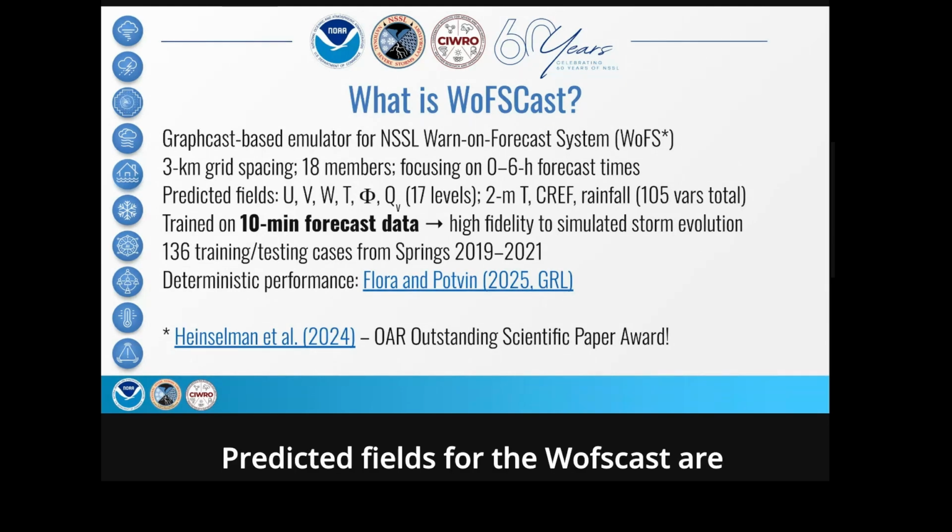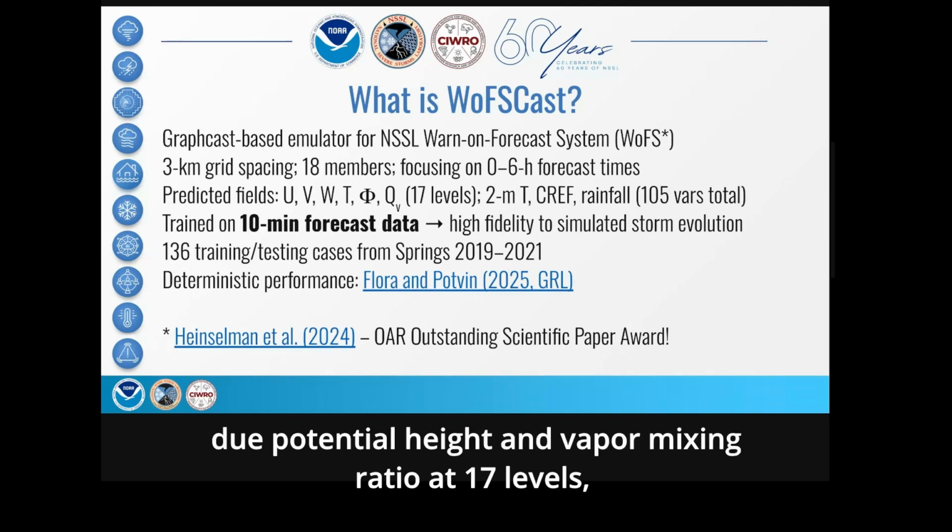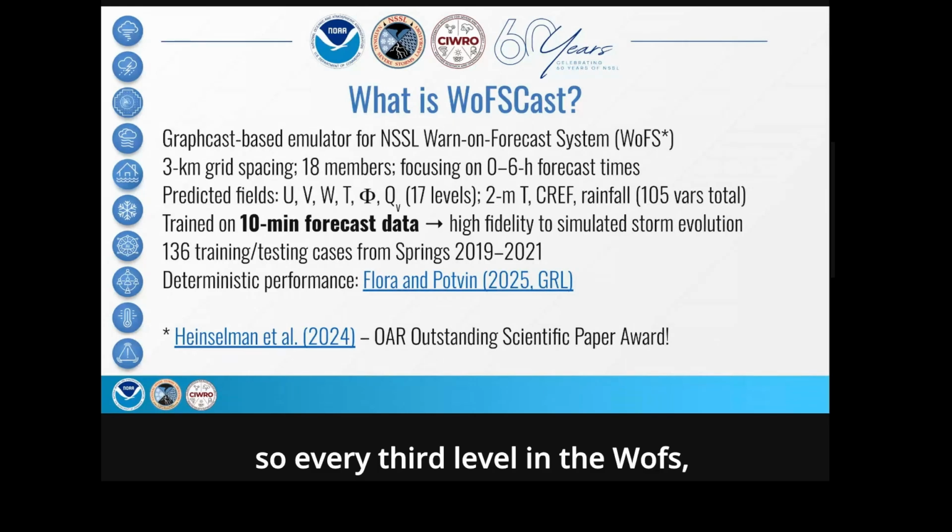Predicted fields for WoFSCast are UVW, temperature, geopotential height, and vapor mixing ratio at 17 levels, so every third level in the WoFS set of vertical levels. And then also 2-meter temperature, composite reflectivity, and rainfall for a total of 105 state variables.